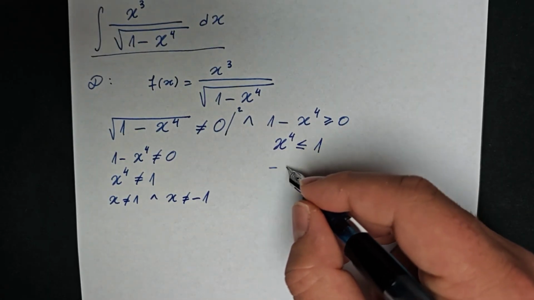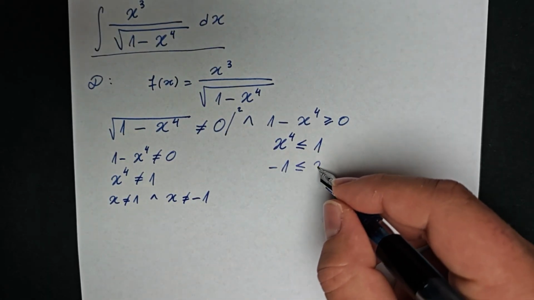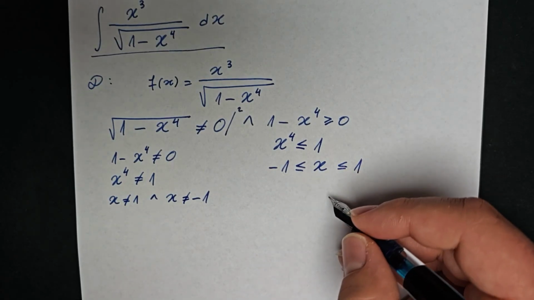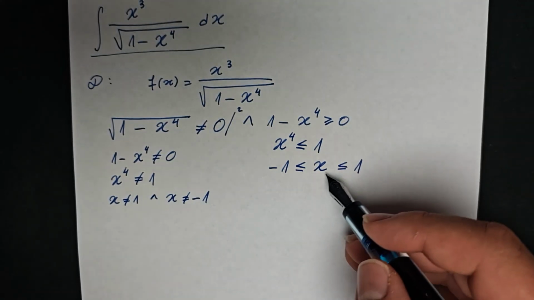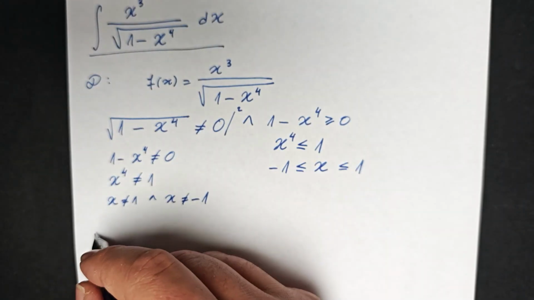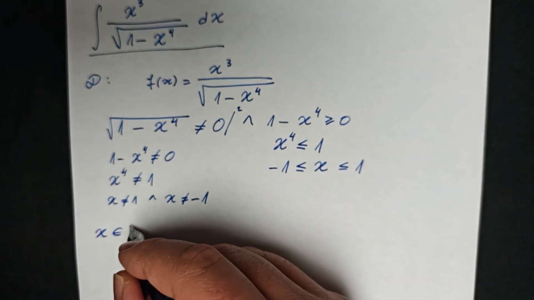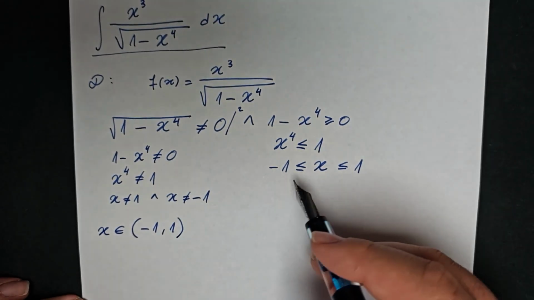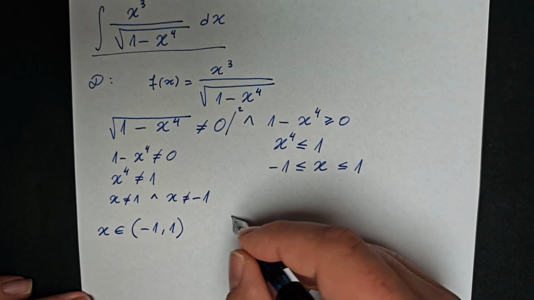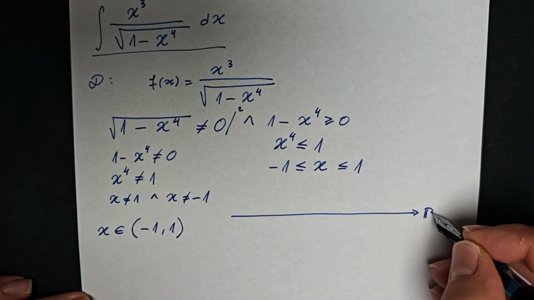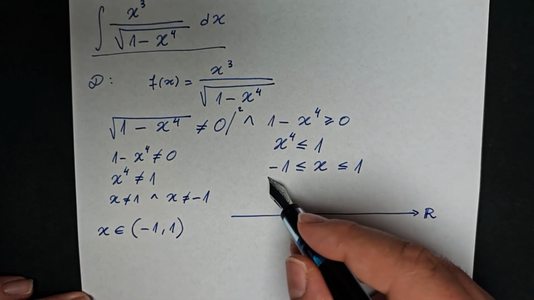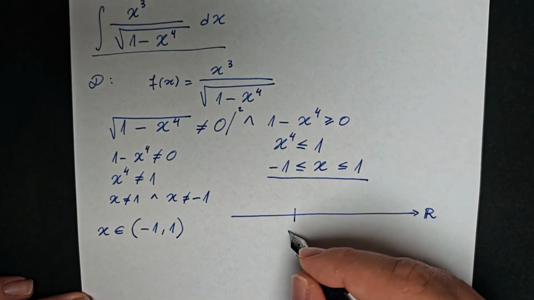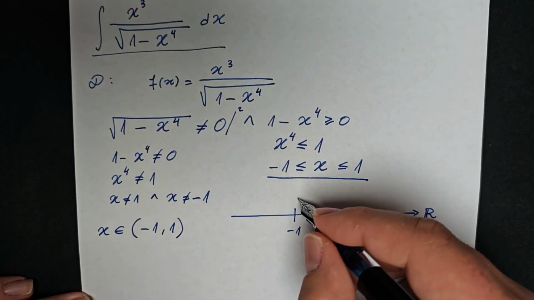Well, that means that negative 1 has to be smaller than or equal to x, which has to be smaller than or equal to 1. The combination of all of these cases gives us that x has to belong in an interval from negative 1 to 1. For easier understanding, we can write that on a line of all real numbers. So we have our case that x is in the interval from negative 1 to 1.